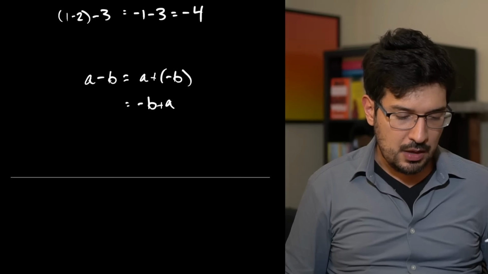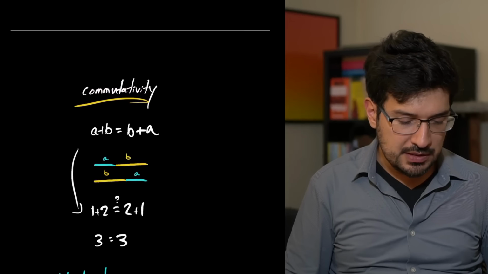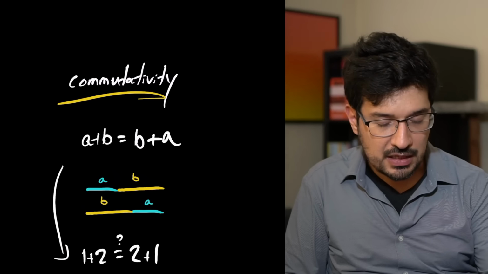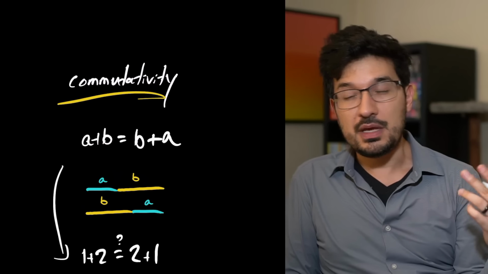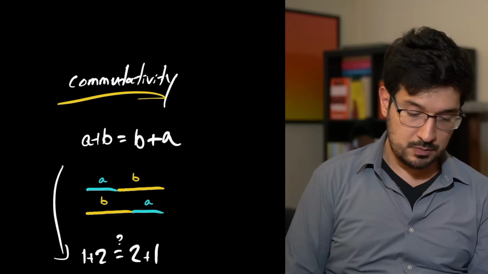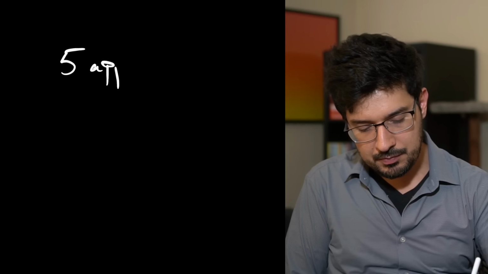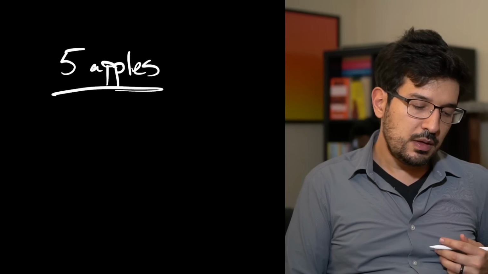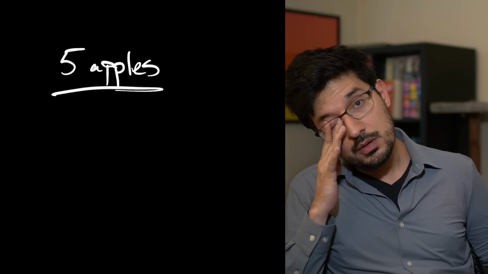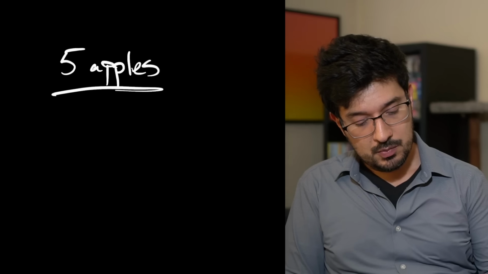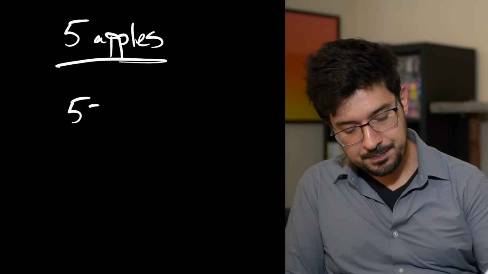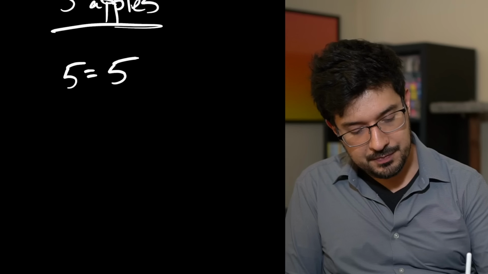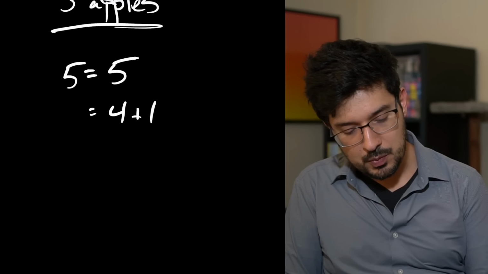But, okay, so now we've defined commutativity and we've defined associativity. Let's use those to prove a couple of cool things, I think. One, if I have 5 apples, if we just work with the whole positive integers, we get one really nice result, I think. 5 is 5. 5 is also 4 plus 1.